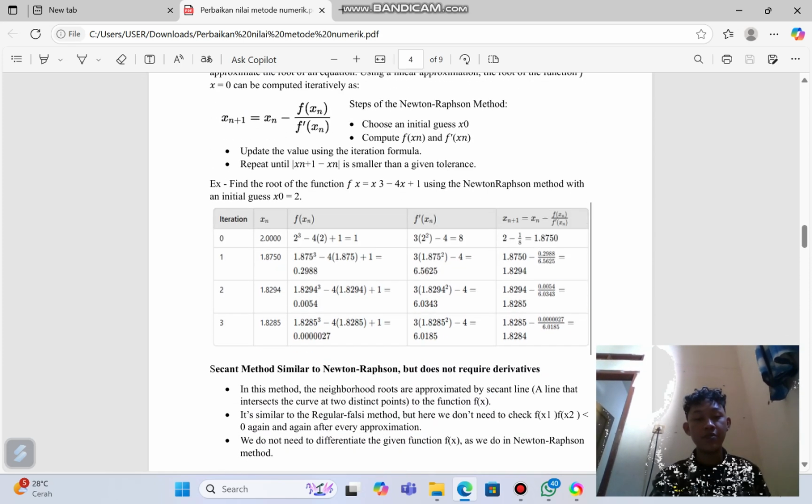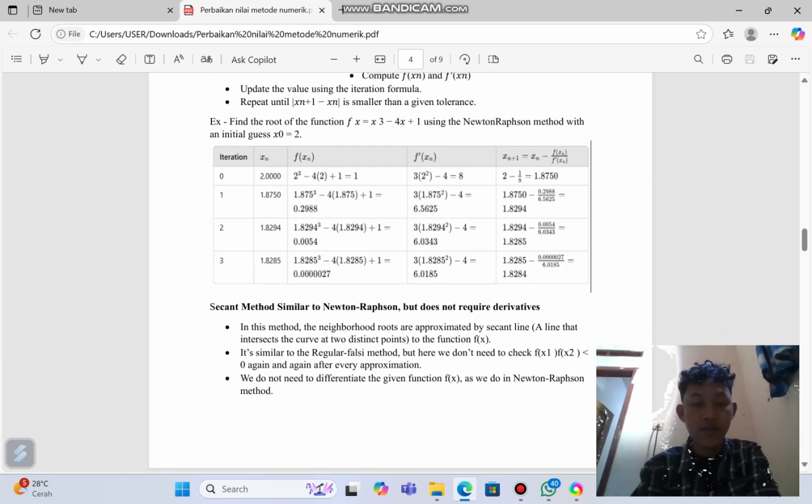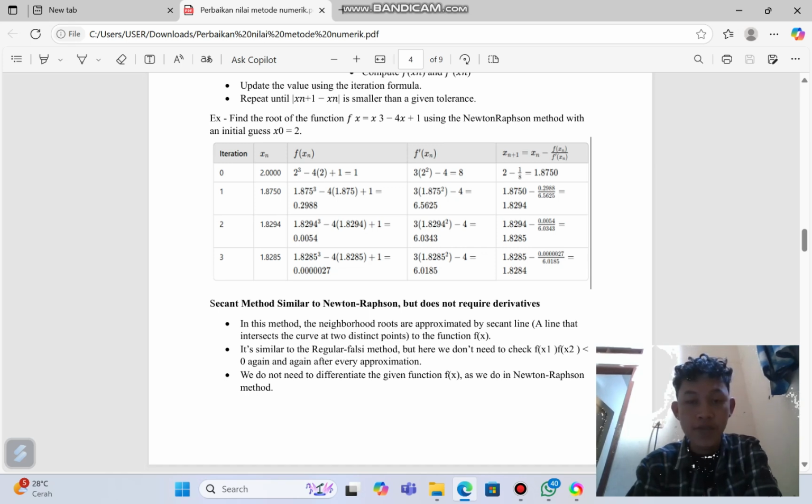And now we have an example. First, find the root of the function f(x) equal to x^3 minus 4x plus 1. This is the question.